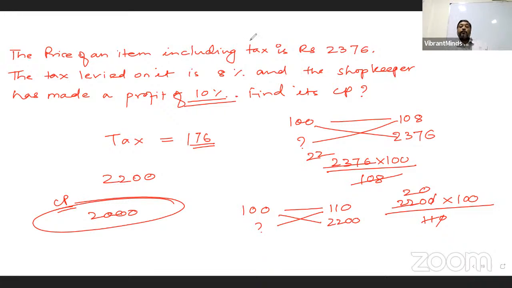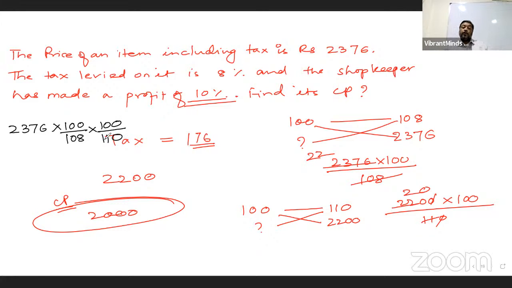Now, one more thing you can do is, remember, you can find this out by applying a formula, and that is 2376 is the price, 100 by 108 multiplied by 100 by 110.